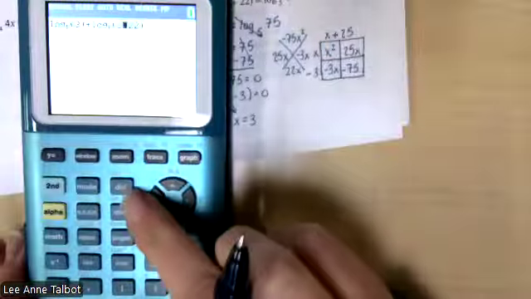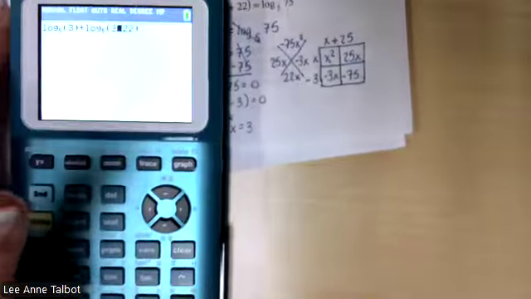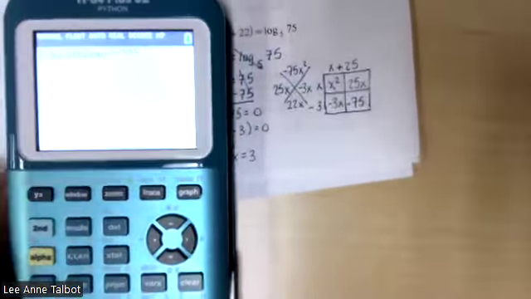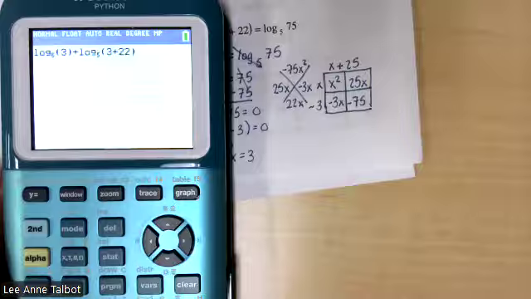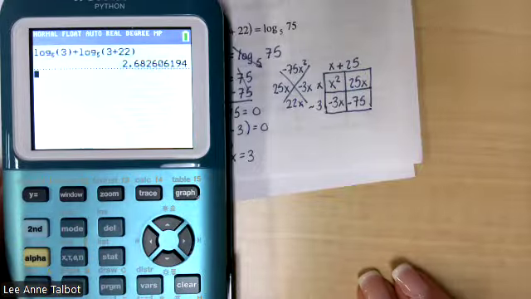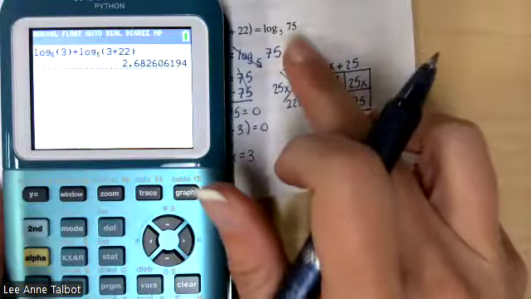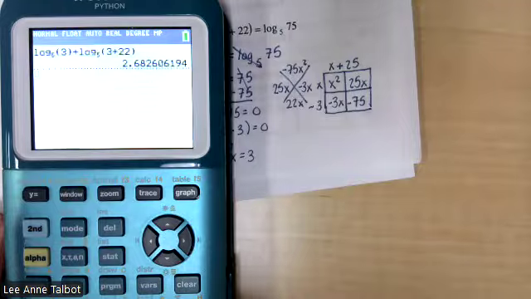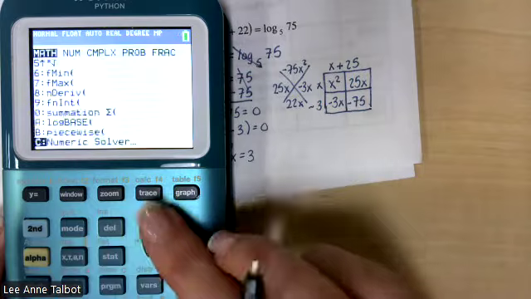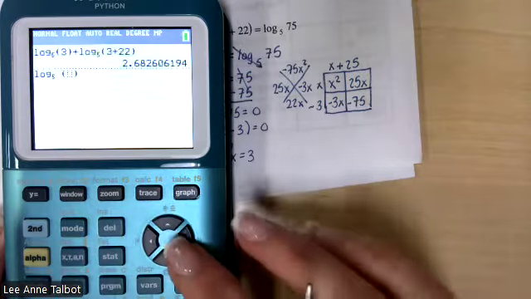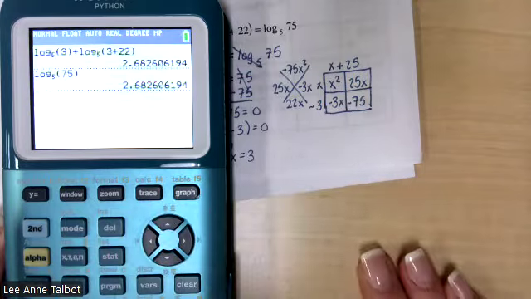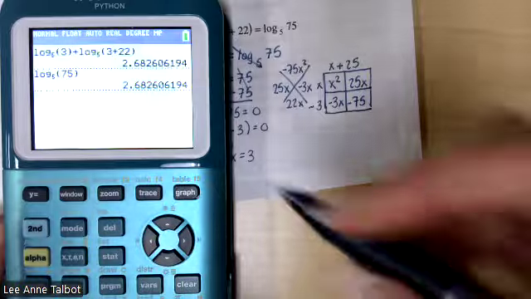Delete? Oh, this DEL button, right? Okay, so what am I hoping that this will equal? Yeah, not 75, but log base 5 of 75. Voila.